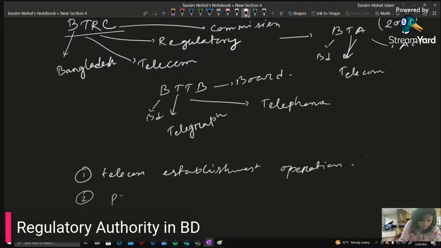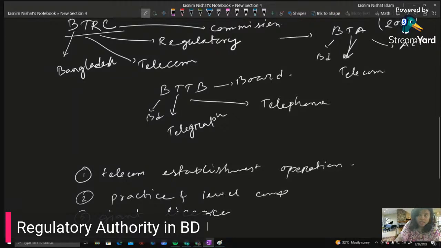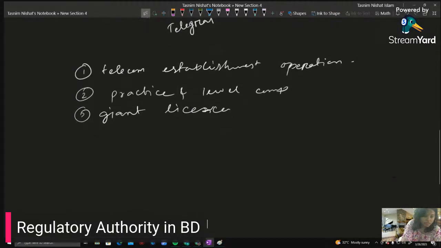Then license establishing, and then issue technical issues or services.